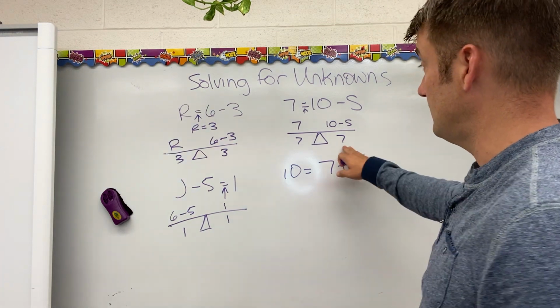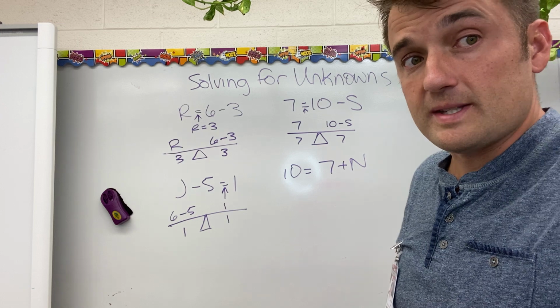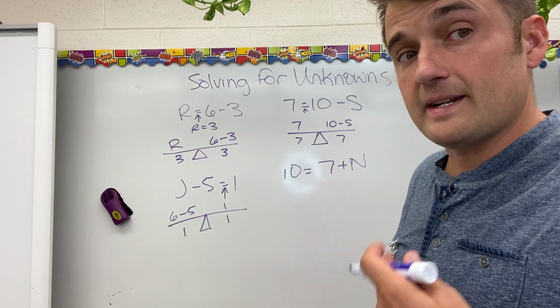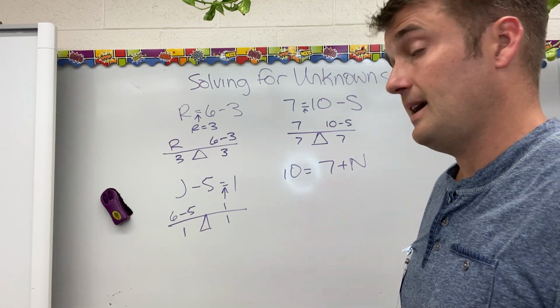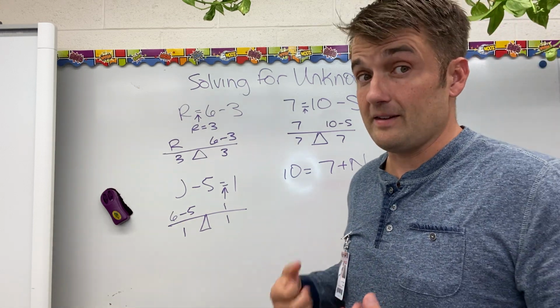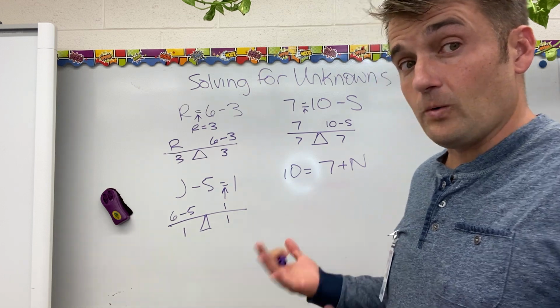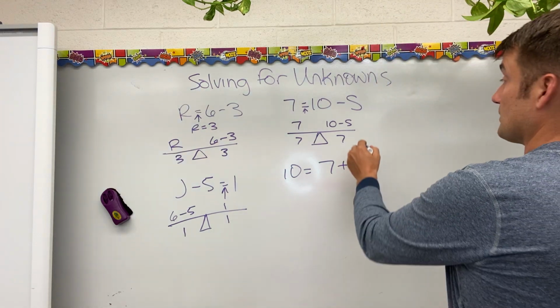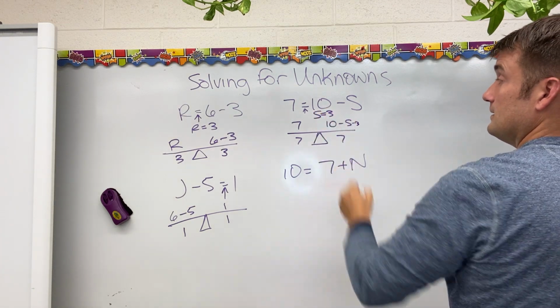So if 10 minus s has to make 7, what's s? 10 minus something is 7. It's like I had $10 in my pocket, I gave you some money, and now I have $7 in my pocket. How much money did I give you? The only number that makes that work is 3. So that means s equals 3.